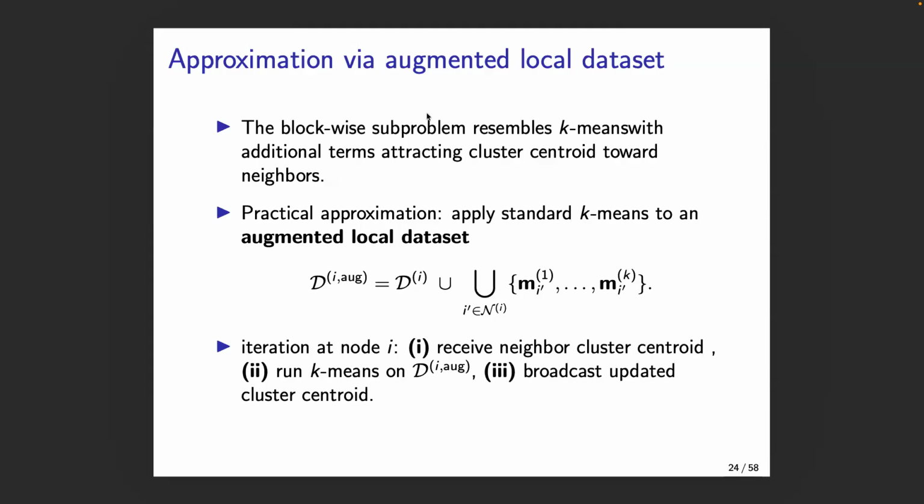That we still have our objective function, the local k-means, but instead of having the GTV term, we just receive the cluster centroids from the neighbors, and then we add them to our dataset as if they were just new points. And at the end, we run k-means on this augmented dataset, and then we broadcast these updated cluster centroids to the others. That can be a way to solve this problem too.